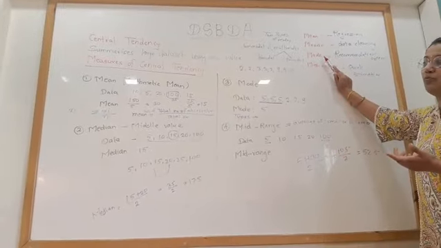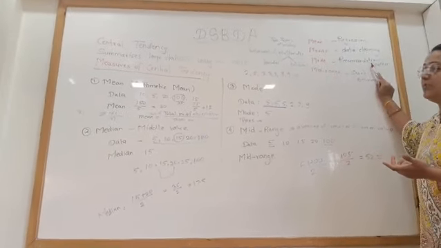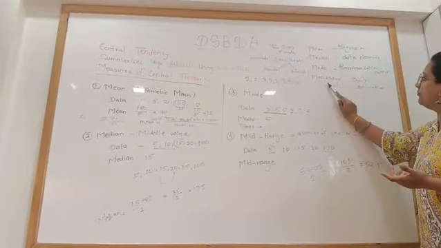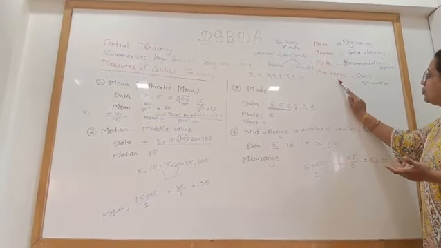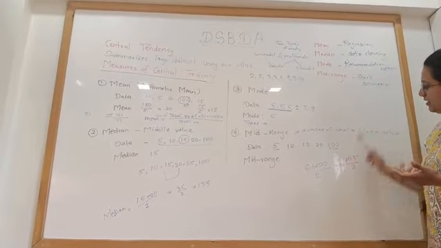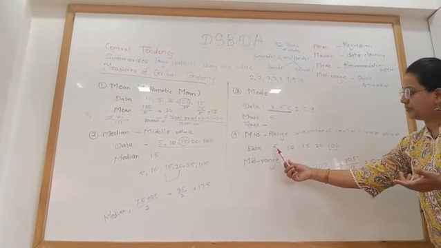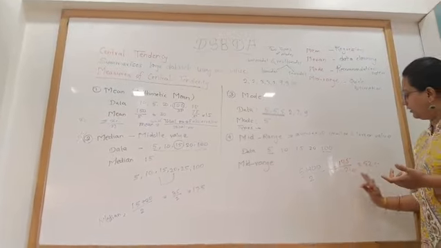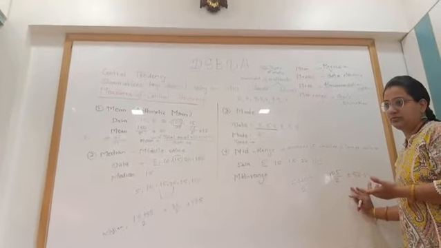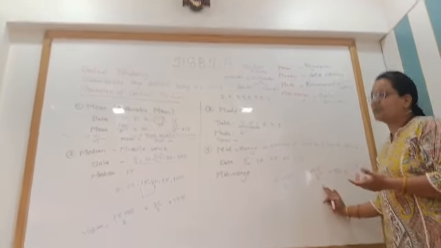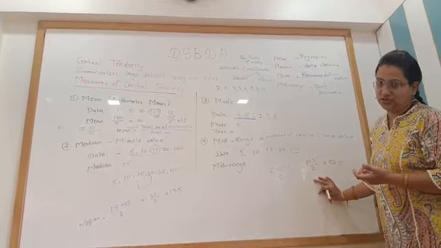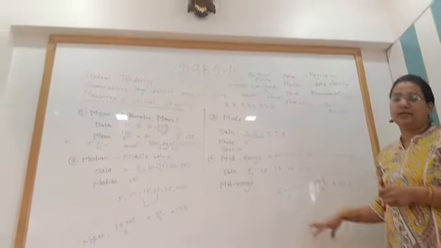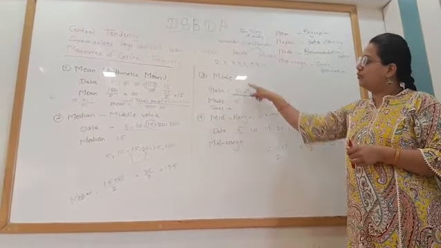So by using the mode operation, the recommendation system will work, and mid-range is used for quick estimation. Directly using the smallest and largest value, I can approximately calculate the average. So it is called quick estimation or quick approximation. So we learned central tendency: mean, median, mode and the mid-range.